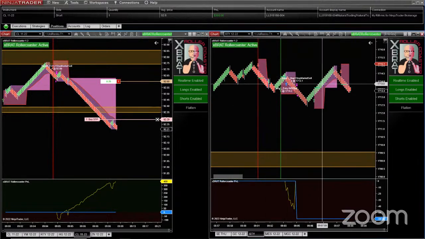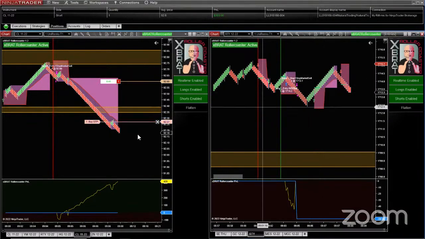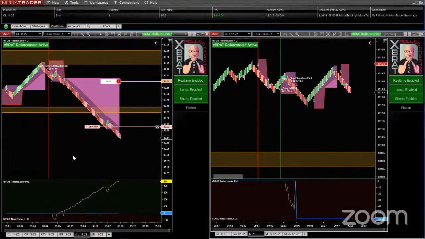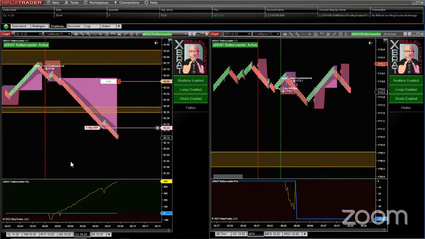Again, if it's over a certain number of ticks on RTY, it will not put an order on. Who needs RTY today? This is a massive runner on oil. Stop adjusts automatically.